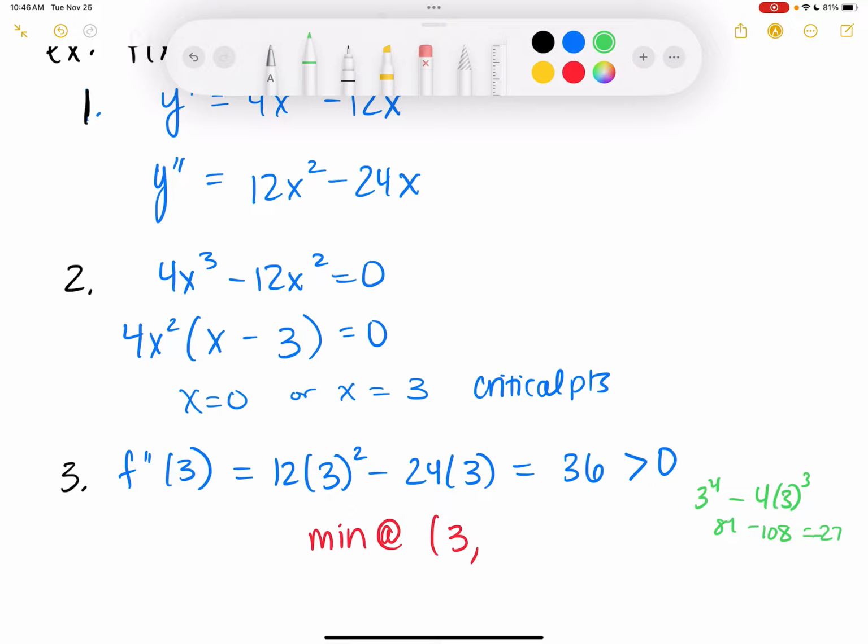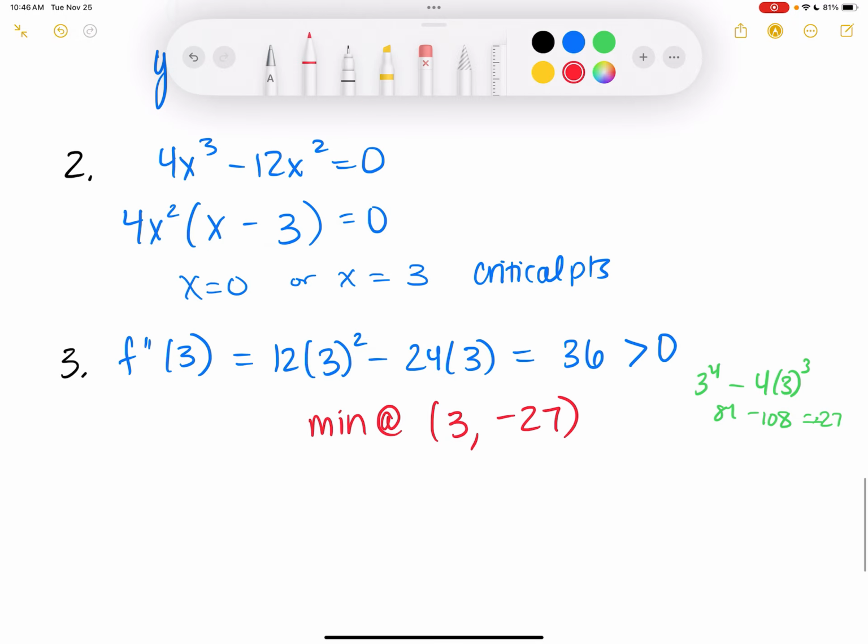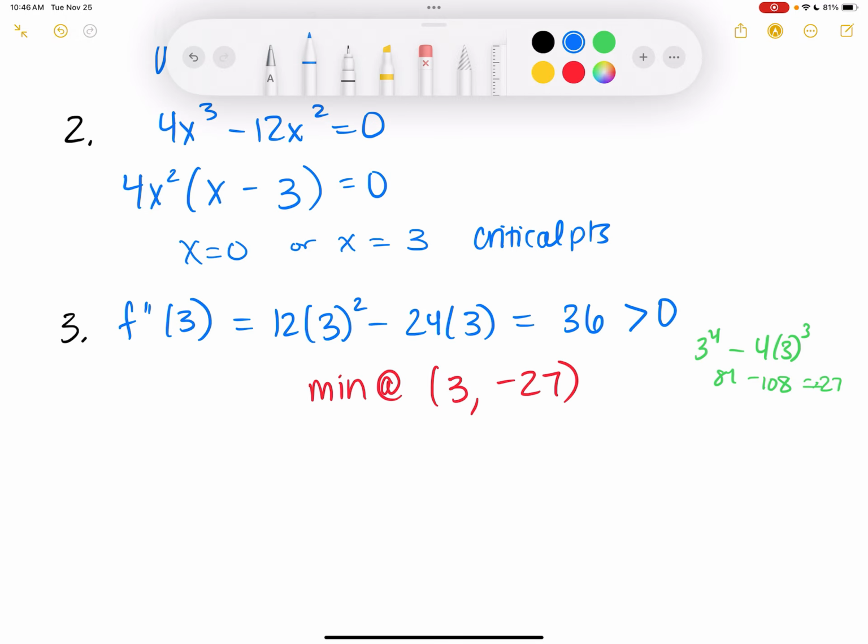Negative 27? Does that sound right? I think that's right. Struggling with basic maths today, apparently. All right, so there's that one.